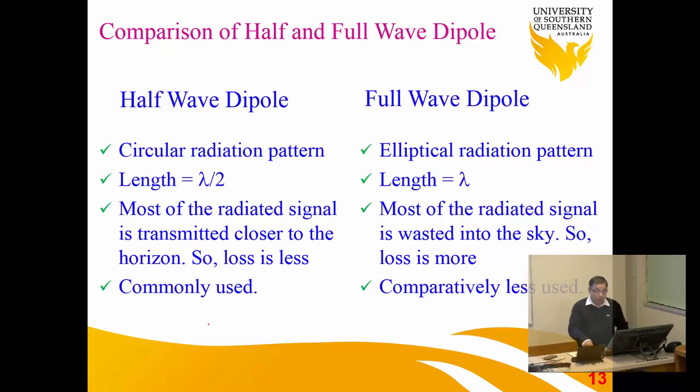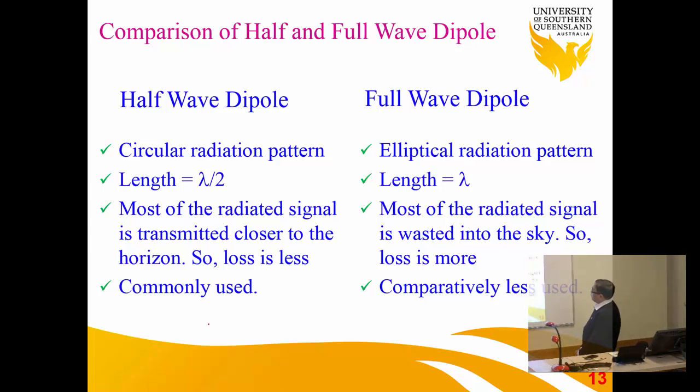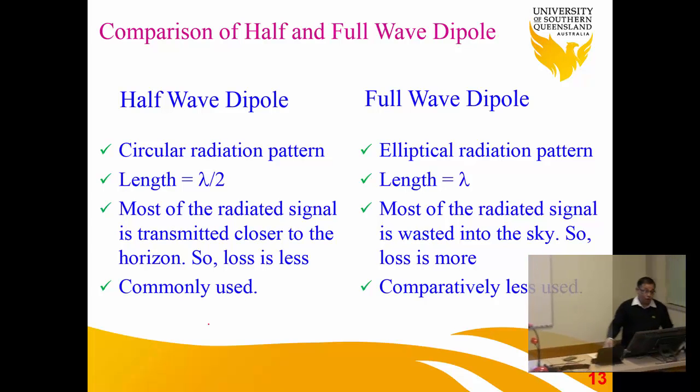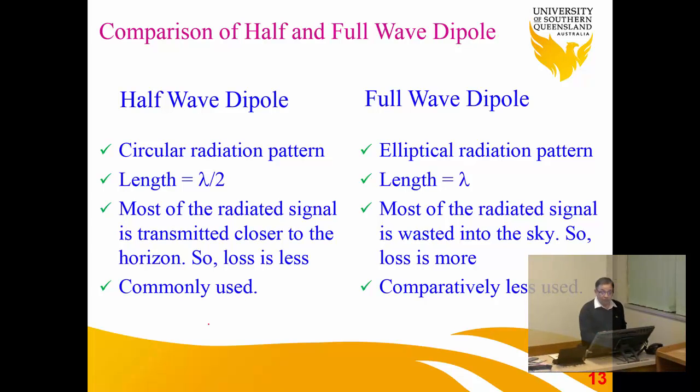So far, we understand the half-wave dipole antenna. We want to compare half-wave and full-wave dipole antenna. Half-wave is circular type, full-wave dipole has an elliptical radiation pattern.